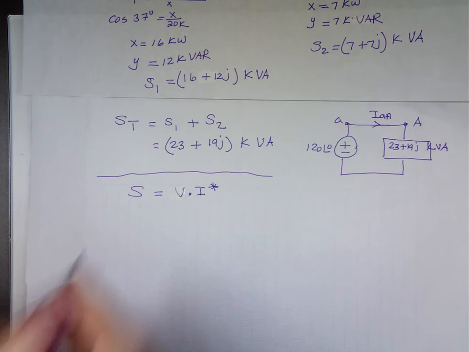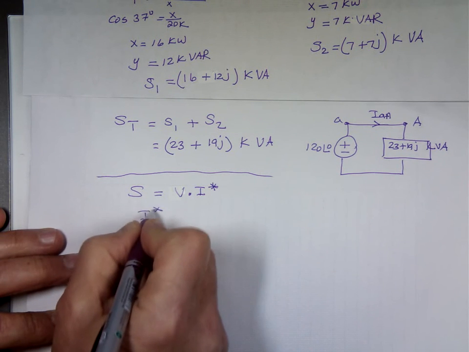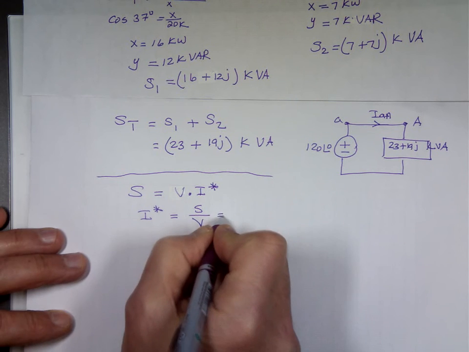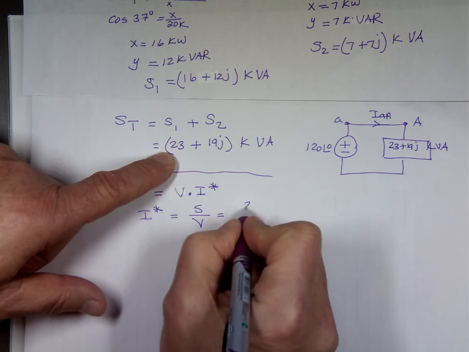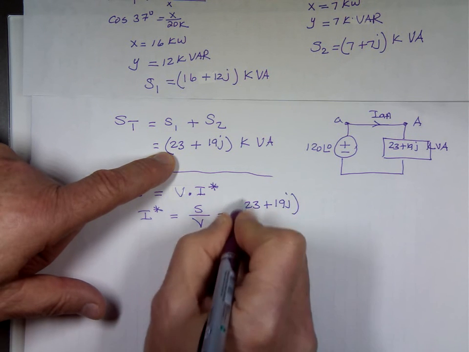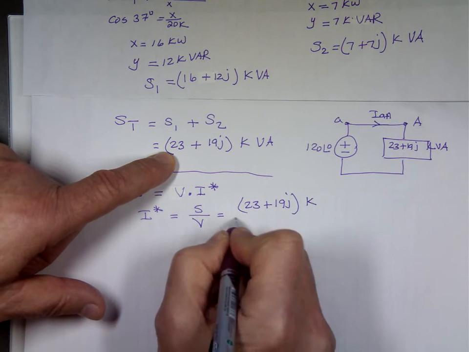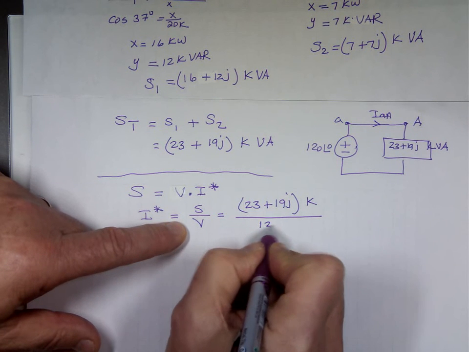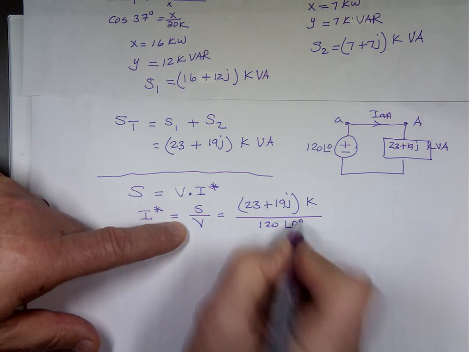Which means I conjugate equals S over V. We know what S is. I just found it right there: 23 plus 19j, in thousands, over V, which is 120 angle 0.